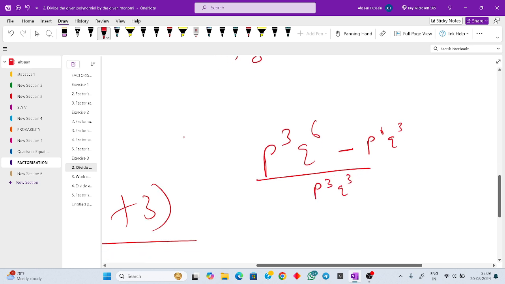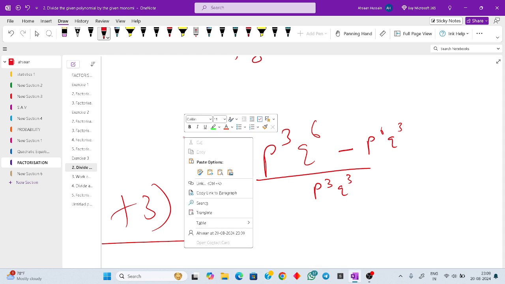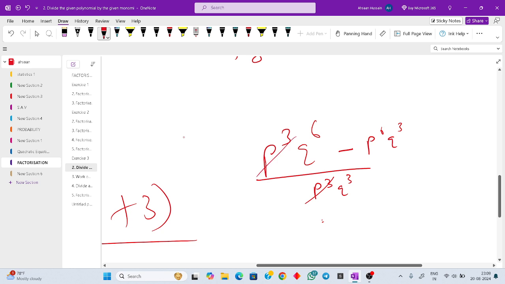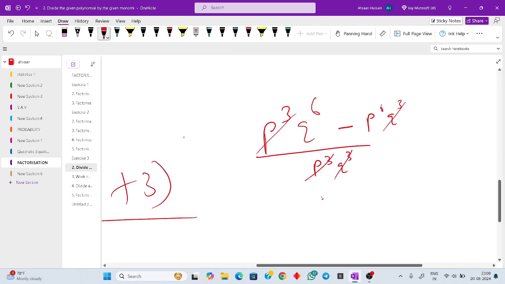Do you think we can cancel like this and this? No, we cannot cancel p cube and p cube. Never do this, okay? Because these two terms are in the form of subtraction, not multiplication. You can cancel the numerator and denominator if they are in the form of multiplication.